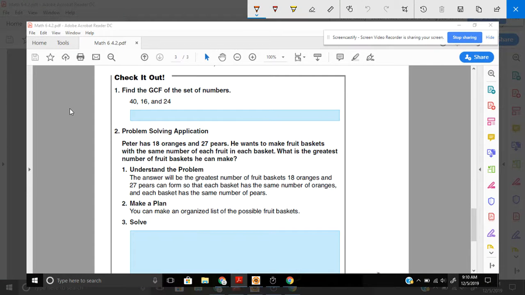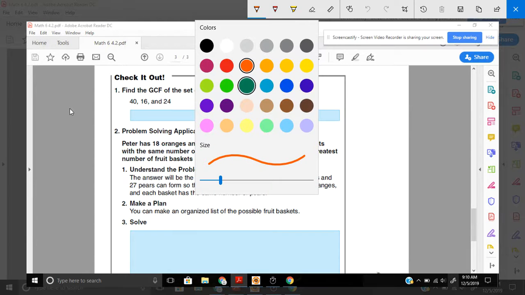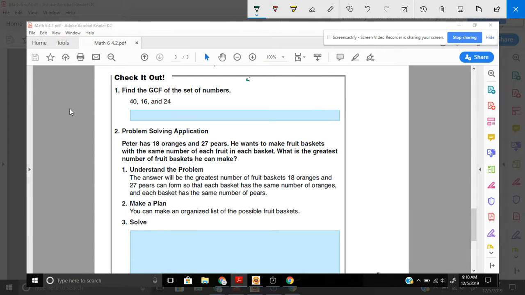All right. Number 1, GCF of 40, 16, and 24. So I'm going to do the list method here. Factors of 40, I have 1 times 40, 2 times 20, 3, no, 4 times 10, 5 times 8, 6, no, 7, no. So there's all my factors.